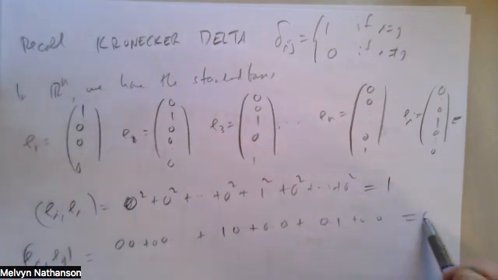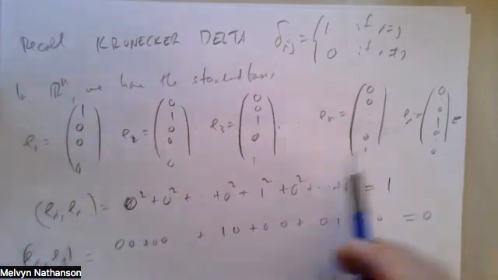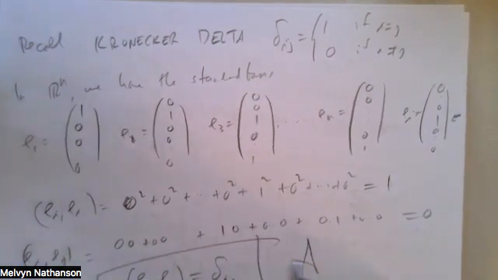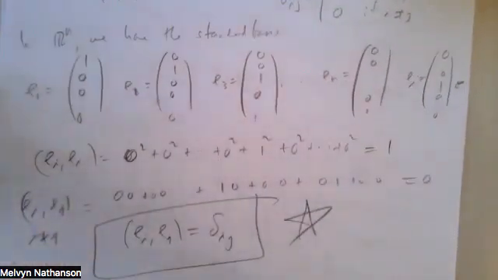Everything is 0. You get 0. So for the standard basis, the inner product of two basis vectors, Ei and Ej, is exactly the Kronecker delta. If i equals j, this is 1. If i is different from j, it's 0.